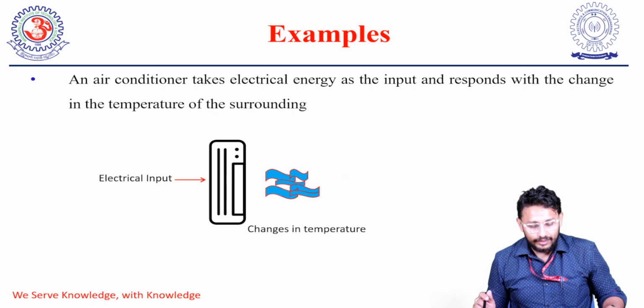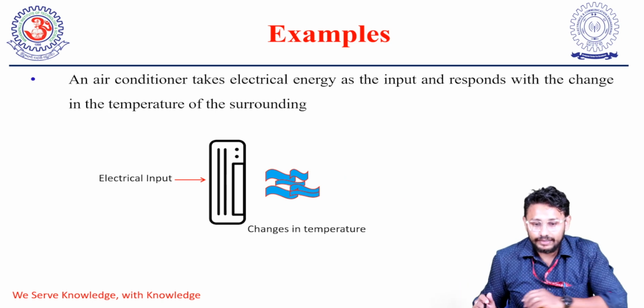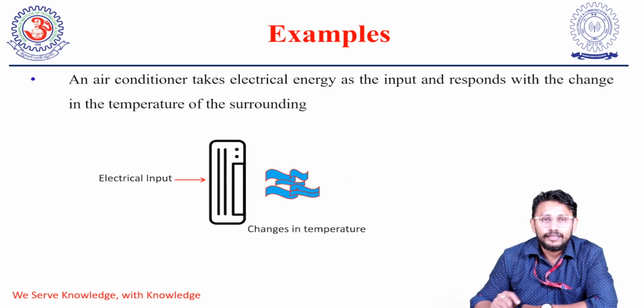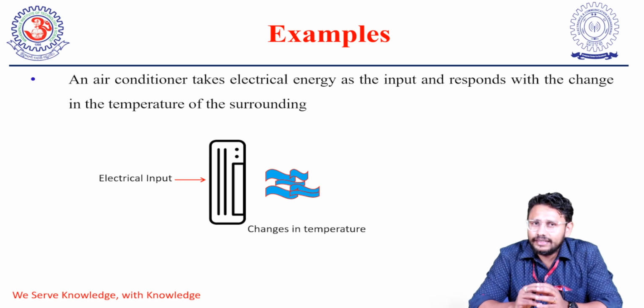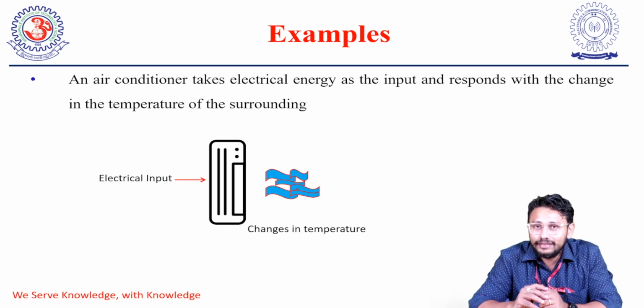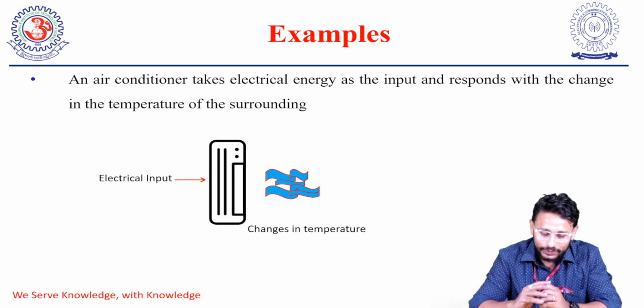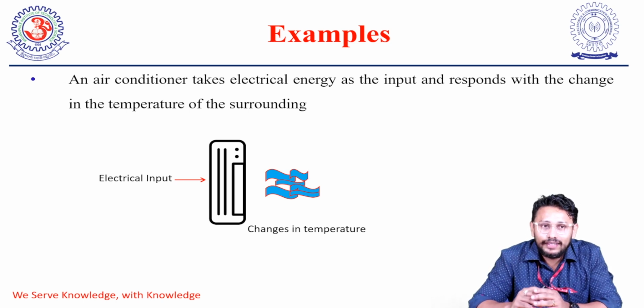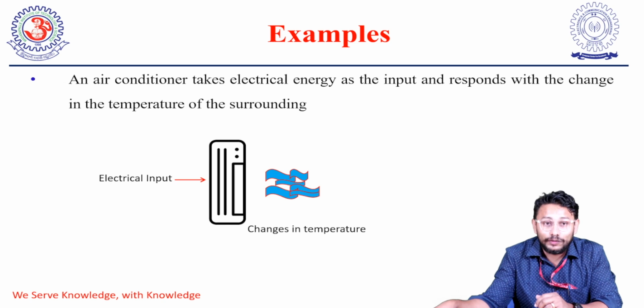There is another example for you, and that is an air conditioner. An air conditioner too takes electrical energy as an excitation, and the response of the air conditioner is basically the change in temperature of the surroundings. It is generally done in a closed room.